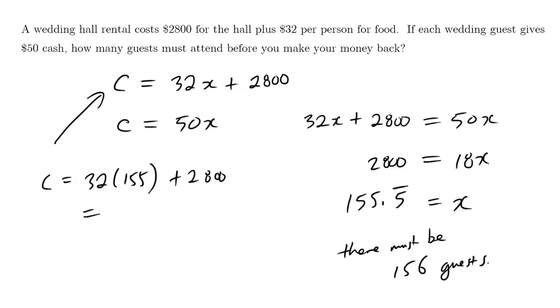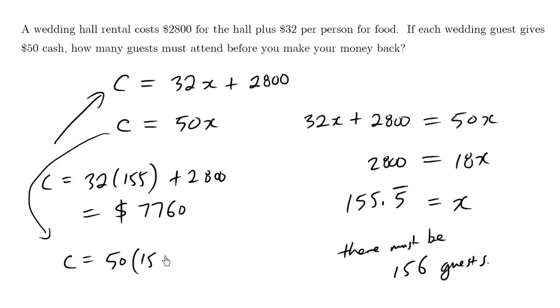Using the calculator, your wedding costs $7,760, whereas the money coming in is going to be 50 times the number of guests, which we said is 155. Using your calculator, the money coming in is $7,750. You can see that we're short a bit.